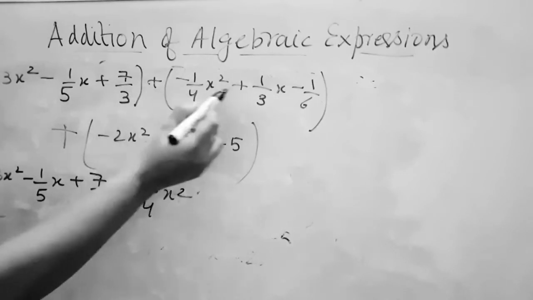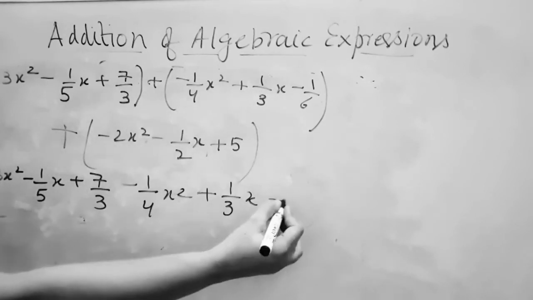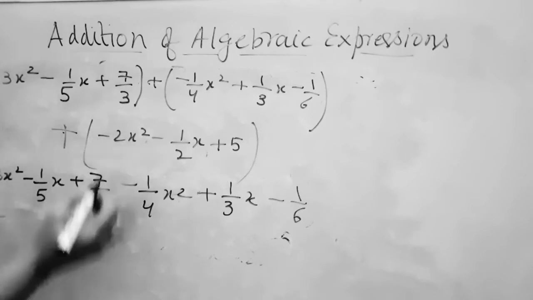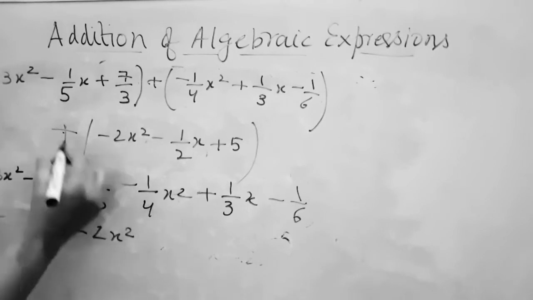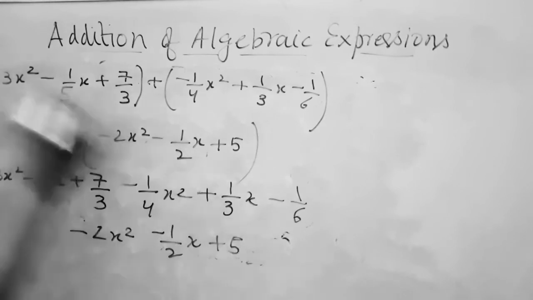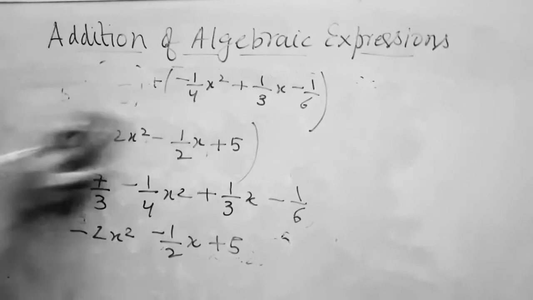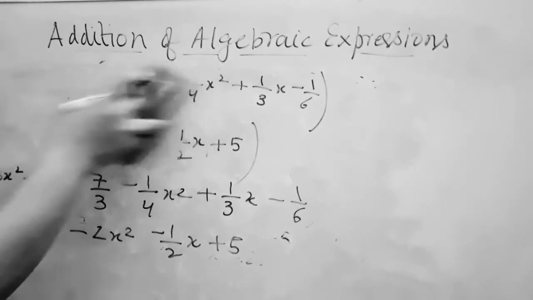So plus plus plus, plus minus minus, here plus minus minus, plus minus minus, plus plus plus. So we have written all the terms, we have opened the bracket. The first step is to open the bracket. Okay. Now what will be the next step?